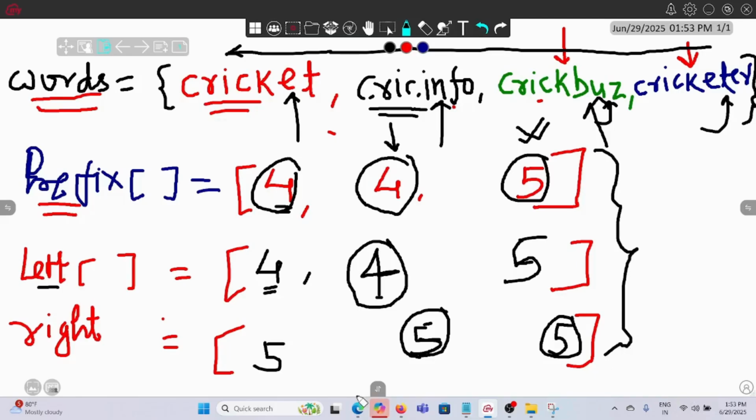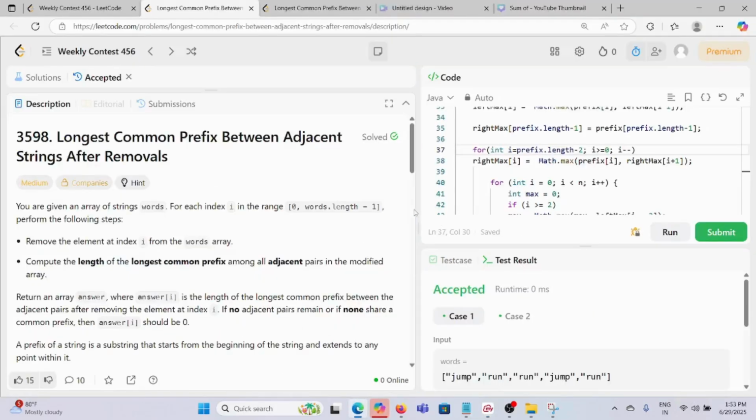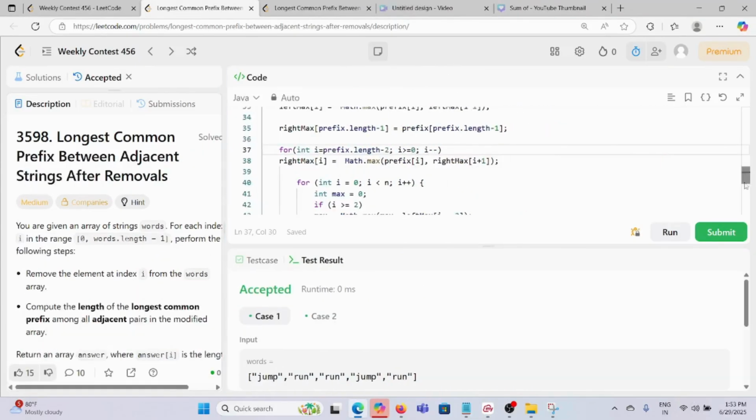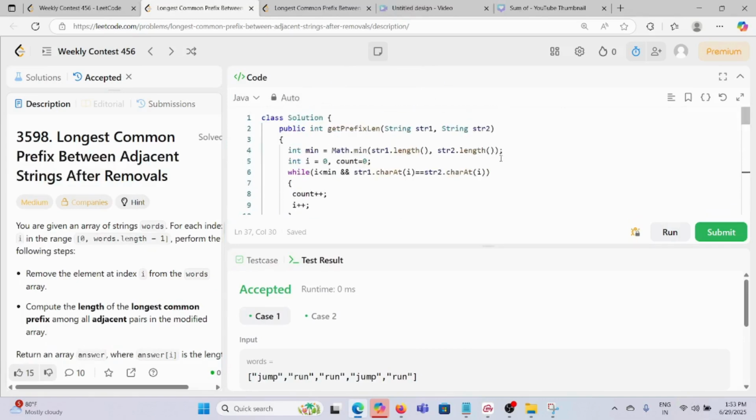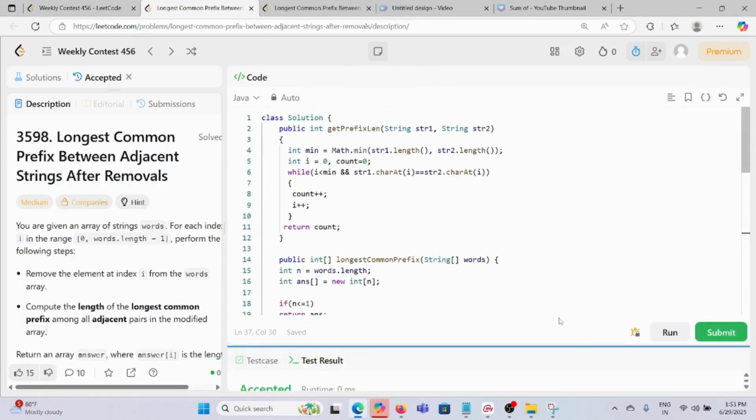Okay, so let me show you my corresponding code here. You can see here, first of all, I have written a utility method. What it is doing is a simple thing. We are taking two strings and comparing how many characters are the same in these two strings, right? First I get the min length, because we want to run only that many times. Let's say we have two strings, one of length 5 and another of length 3.